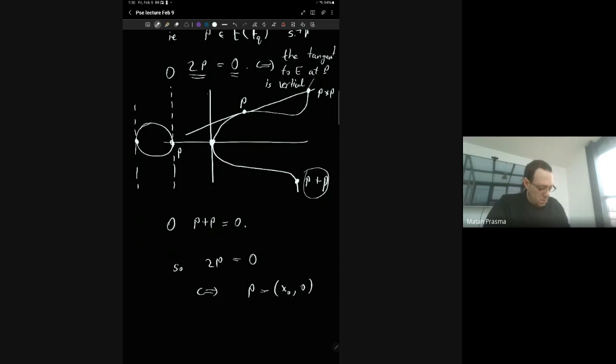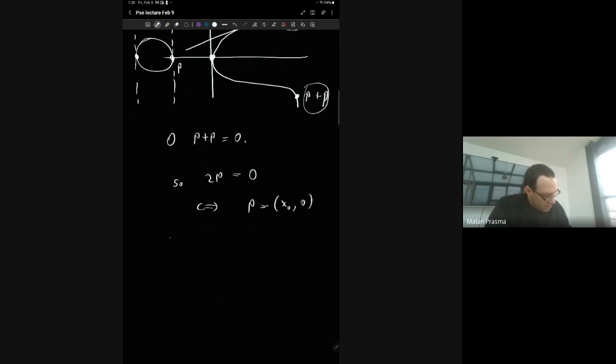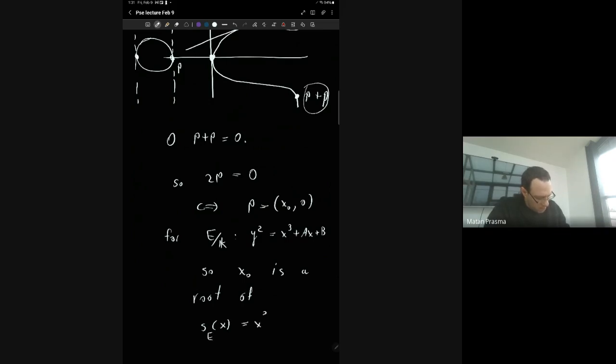Now, I put it in the equation and I substitute y equals 0, so x0 is a root of what we called S of E, this cubic polynomial x cubed plus ax plus b, over, of course, the field we work over.